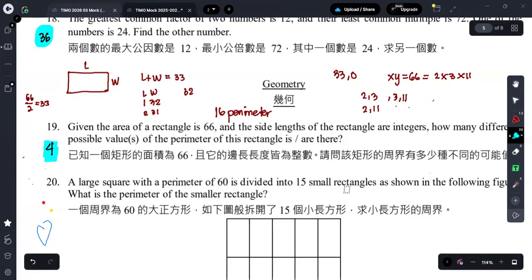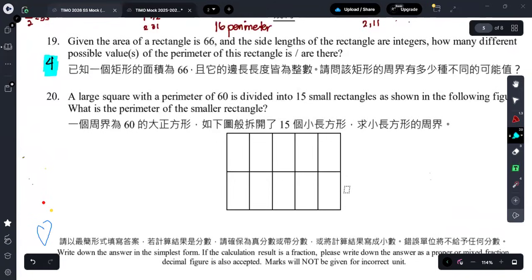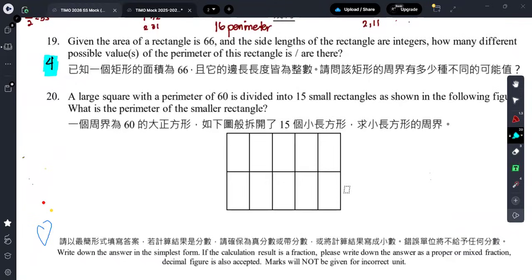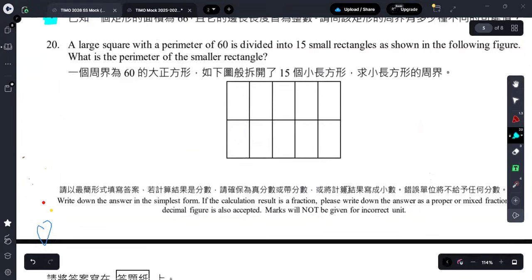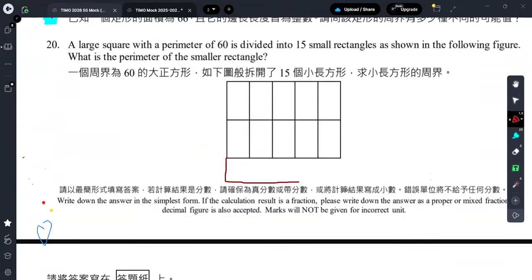Okay, number 20. A large square with perimeter 60 is divided into 15 smaller rectangles as shown. So I'll draw it here because it was erased.